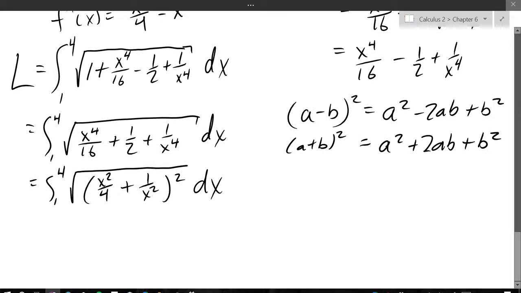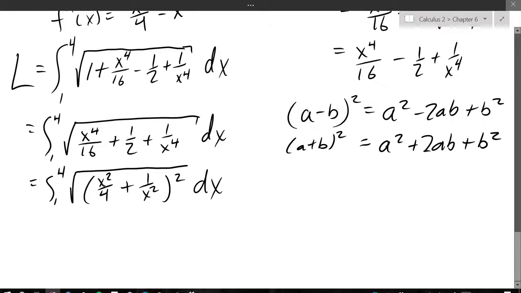Once we're done with that not obvious algebra step, what's the next step? Square root and the square are going to go away. I don't have to worry about negatives, and why is that? It is a length, but in this particular case, are there any x values that can give me negatives?